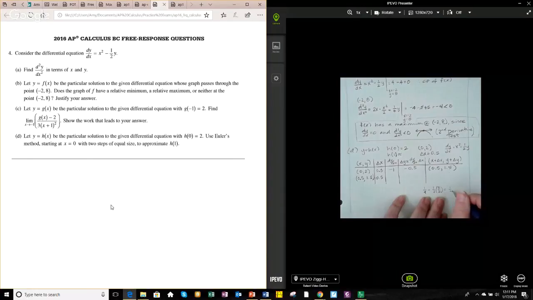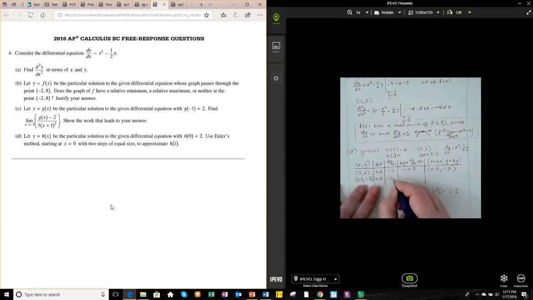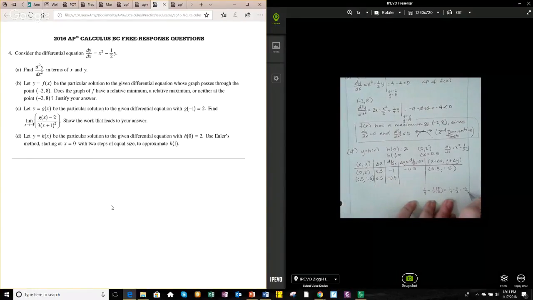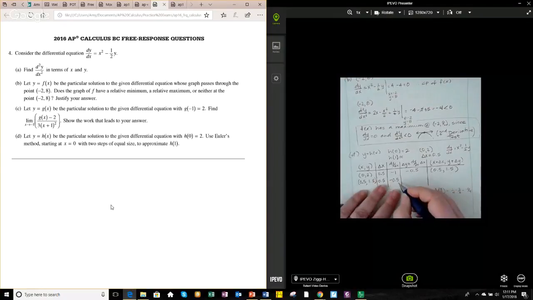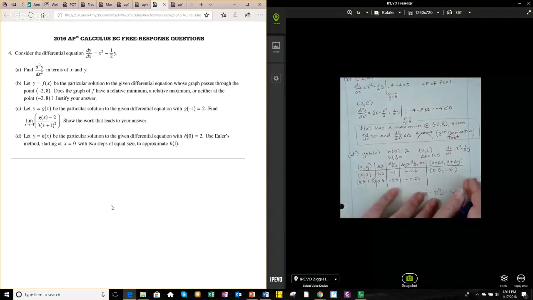Okay, so that's going to be 1/4 minus 3/4, which is negative 0.5, right? Or negative 1/2, because that's negative 2/4. All right, and when I multiply those together, I get negative 0.25, which is negative 1/4.